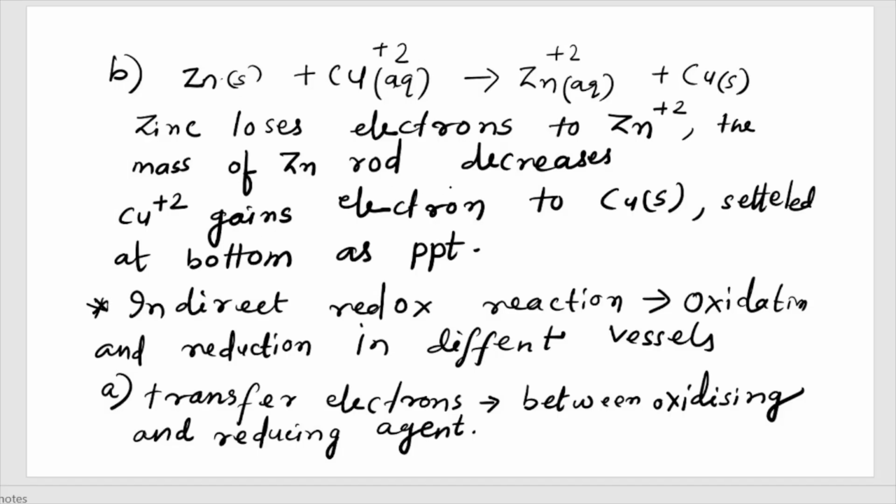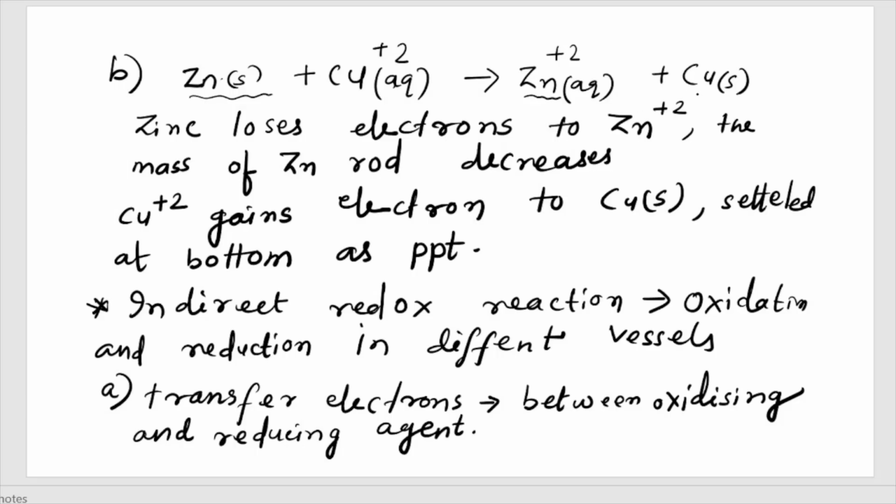And here you can see the result: Zn2+ ion. Why is it written aq? Because it is in solution. And why is it written s? Because copper is present as a solid.